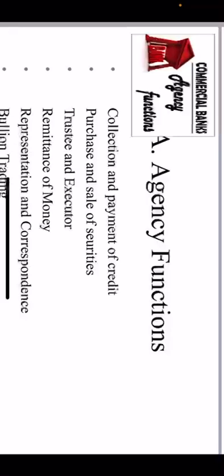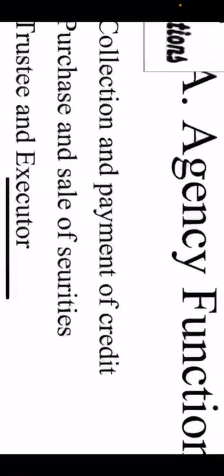The bank does these services on behalf of the customer, like paying the customer's rent, income tax, and insurance premium. So it is called collection and payment of credit: collecting whatever amount has to come to the account holder, and paying on behalf of the customer to various parties where the customer is liable to pay the amount.